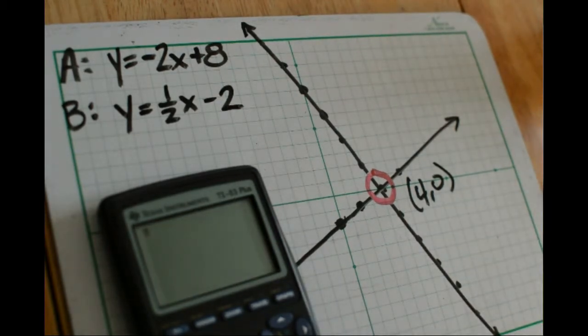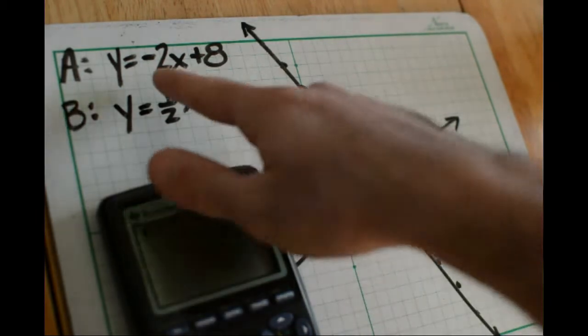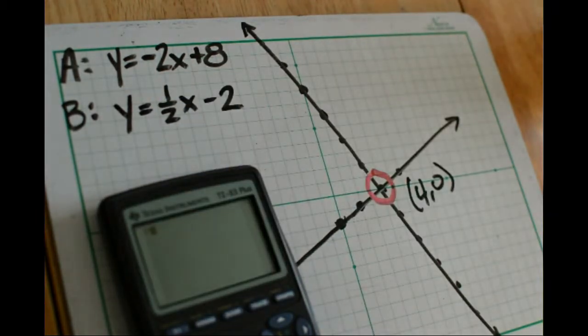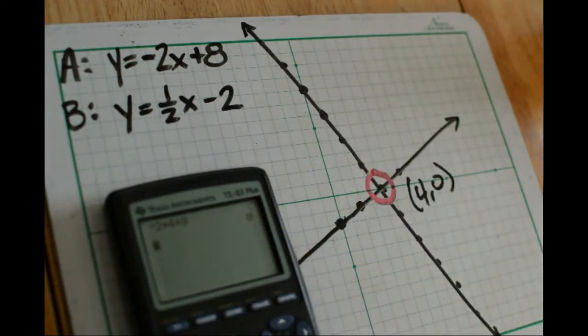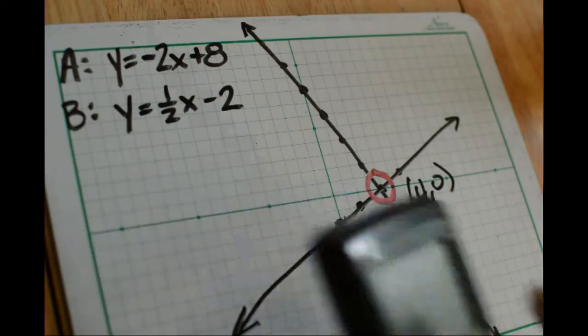So if you substitute it into the first equation, negative 2 times x is 4, plus 8 should give us 0, and it does. Substitute into the second one, 1/2 times x is 4, minus 2 should also equal 0, and it does. So that point is the solution to the system of equations.